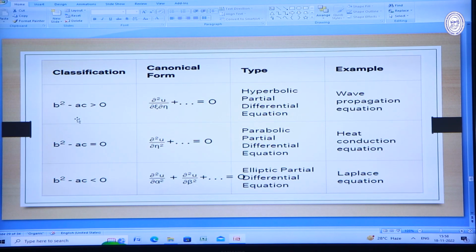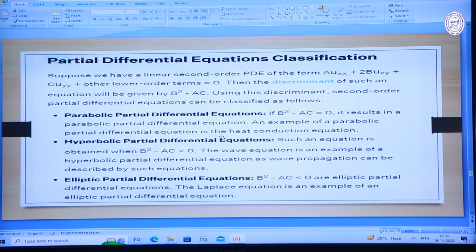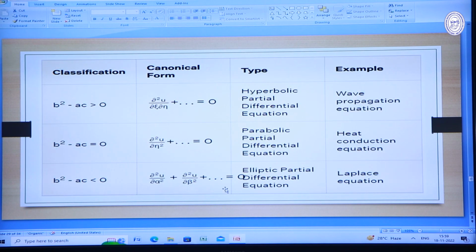This is b square minus 4ac, or b square minus ac. This represents a parabolic type, this represents a hyperbolic type, this represents an elliptic type. Hyperbolic partial differential equation if greater than 0, and the wave propagation equation.